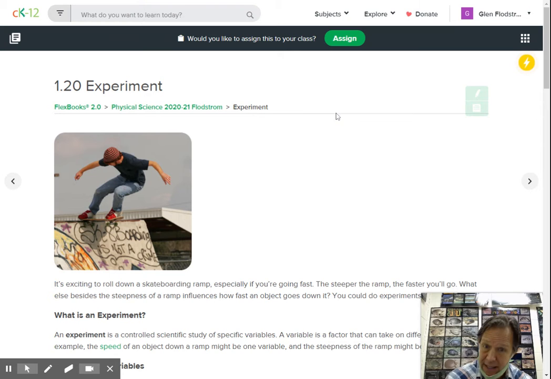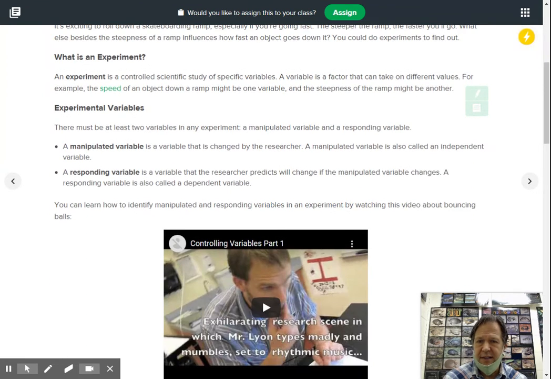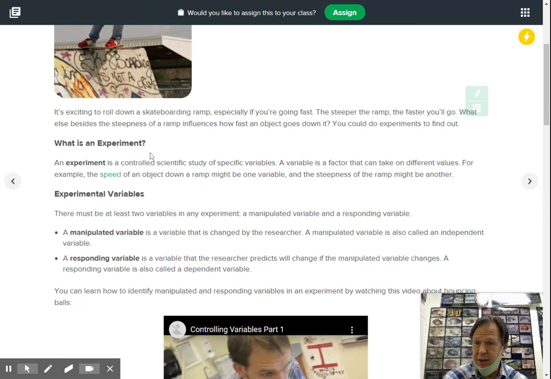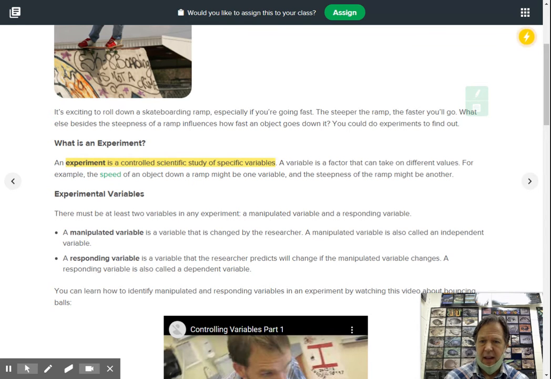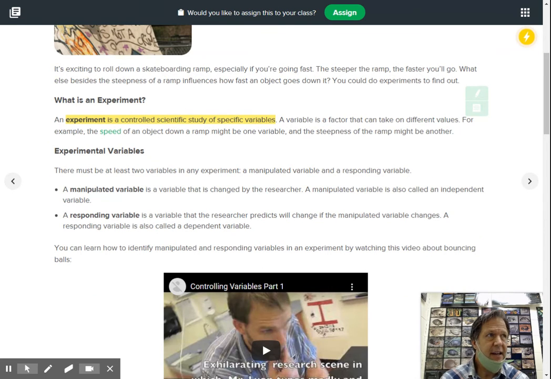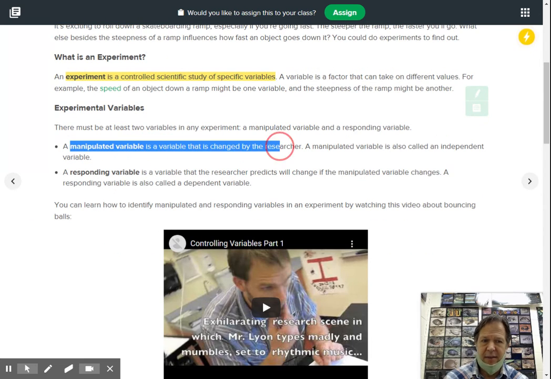Okay, let's go to the next one, 1.20. This is experiment. We talked about a controlled experiment. Remember, everything is the same except for just one variable. So an experiment is a controlled scientific study of specified variables. Now, the key is the variable that you're going to test. That is called the manipulated variable. It's also called the independent variable.